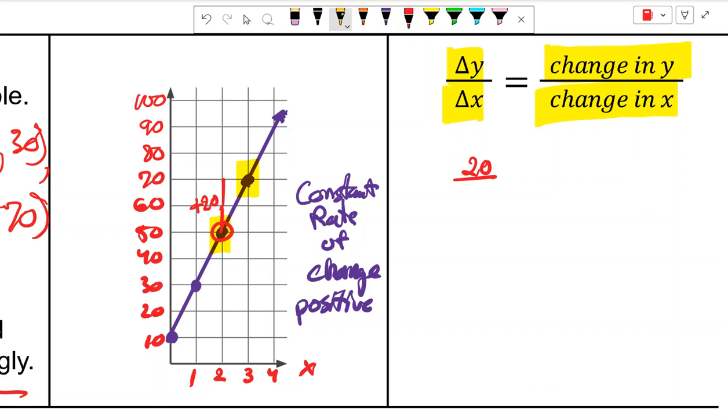Well, my change in x is going to go to the right, and going right on a coordinate plane is positive as well. And that is positive 1. So 20 divided by 1 is actually 20. And so our constant rate of change is 20. Now, I chose those 2 points, but you could choose different 2 points. Let's choose this top one and this very bottom one right here.